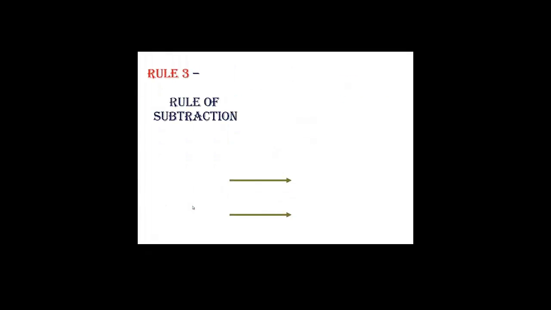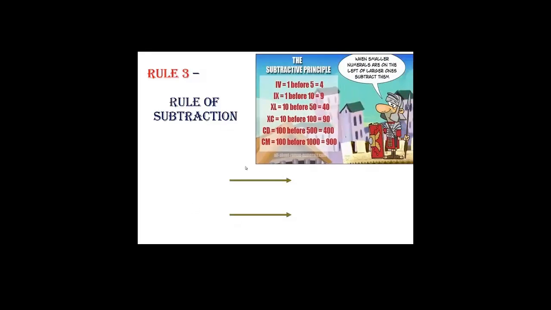Rule 3, rule of subtraction. When smaller numerals are on the left of larger ones, subtract them. In the rule of addition, we saw when smaller values come after the bigger value, it has to be added.